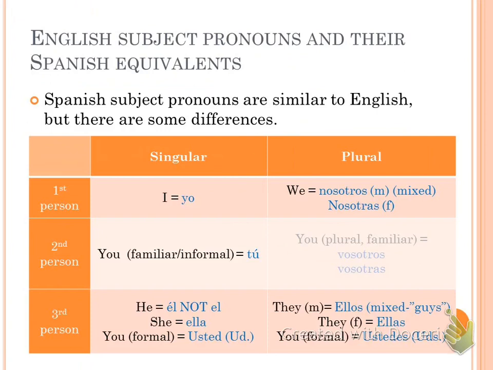Now notice some of our plural rules. "Usted," what do we do to make it plural? Add an ES. What do we do to "ella" to make it plural? Add an S. End it in a vowel, end it in a consonant. So all these things that we've done, you should now start seeing making sense together. Okay? No, this one doesn't work.